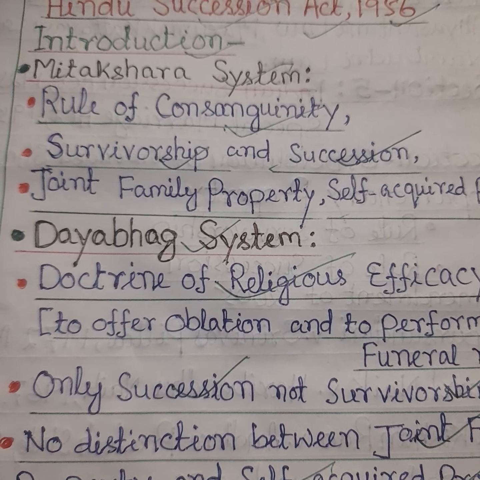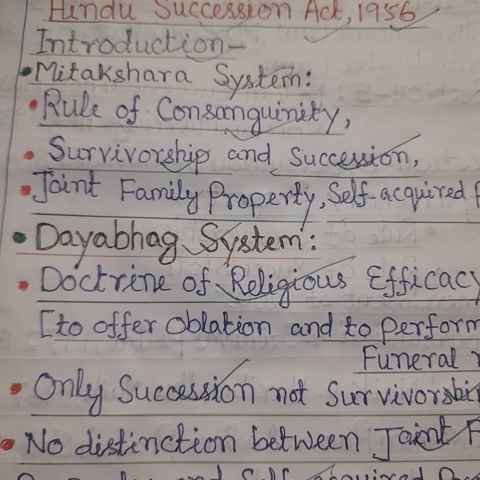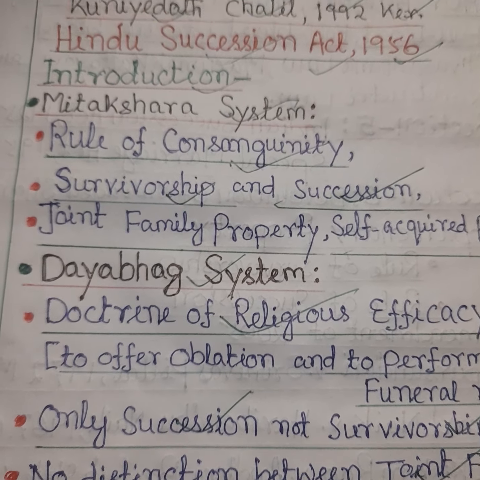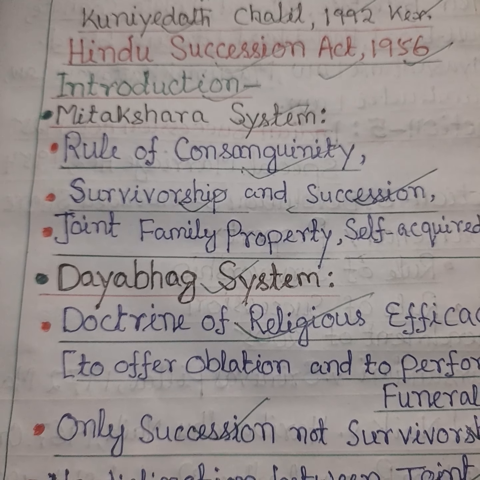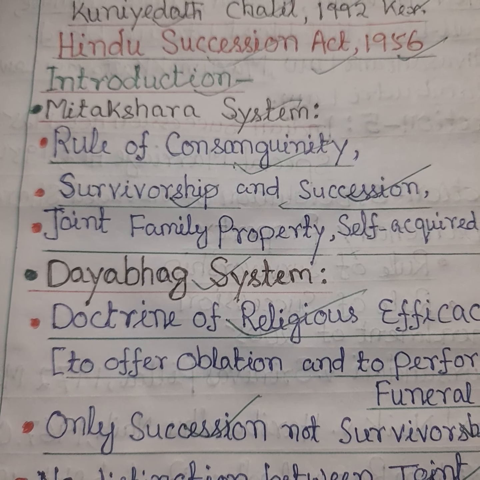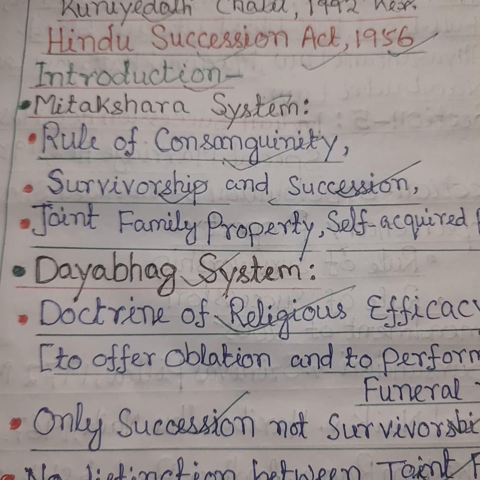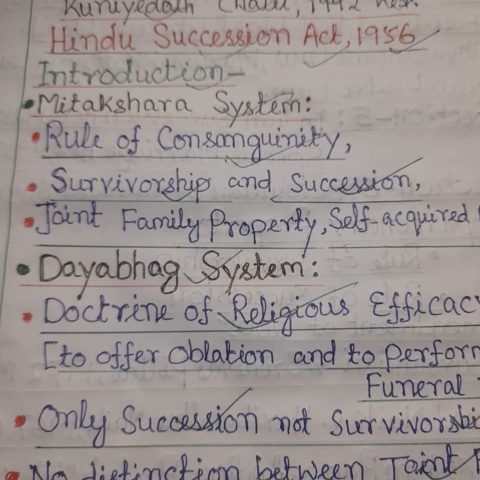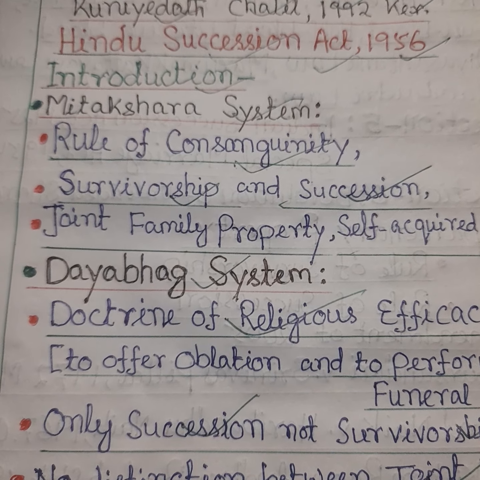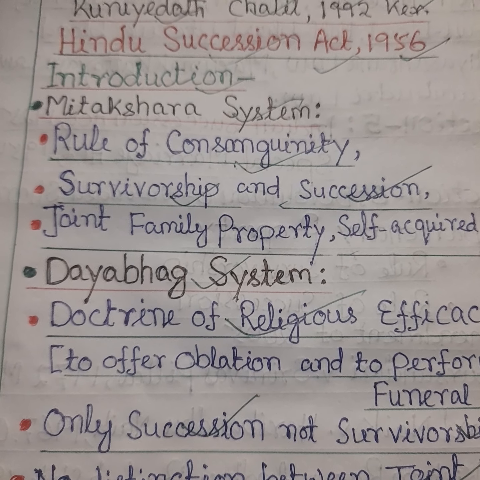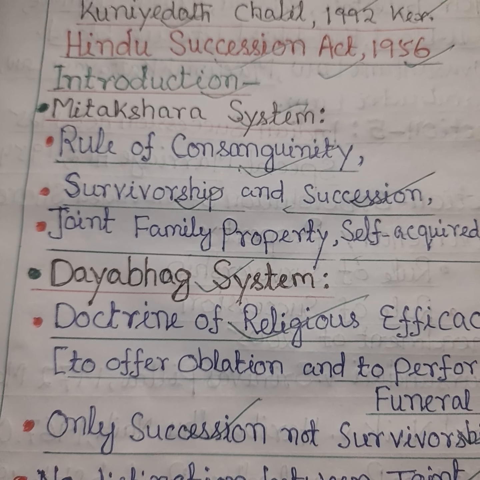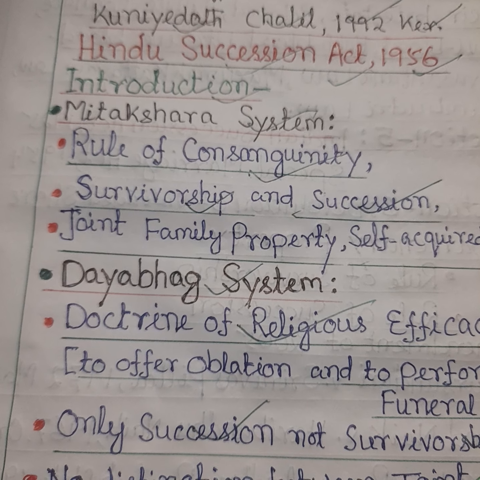So, these are the very traditional laws relating to Hindu succession of properties, as provided by the Mitakshara system and the Dayabhaga system. But the present Hindu Succession Act 1956 came into force on 17 June 1956.